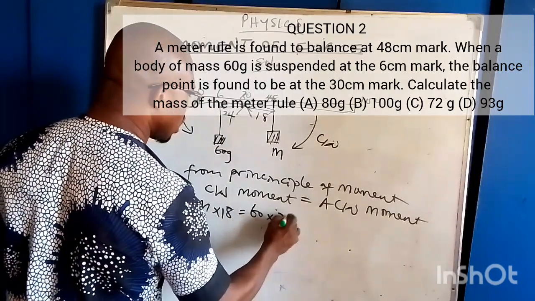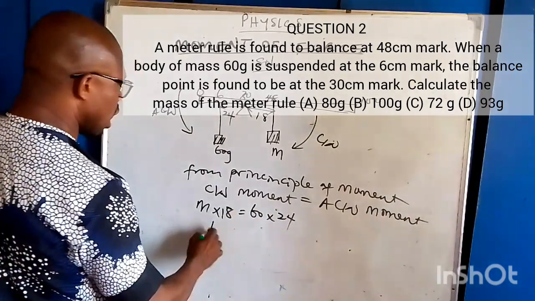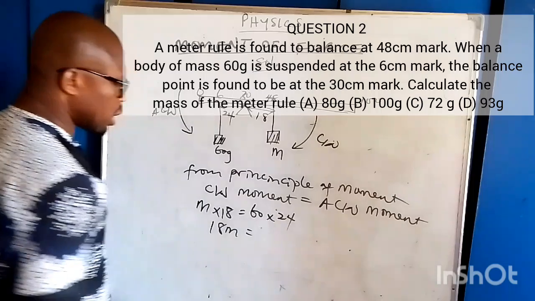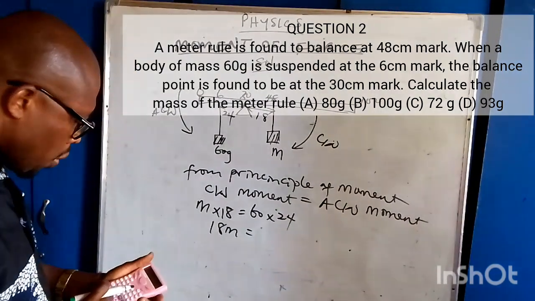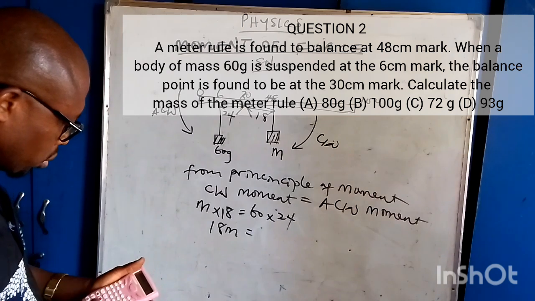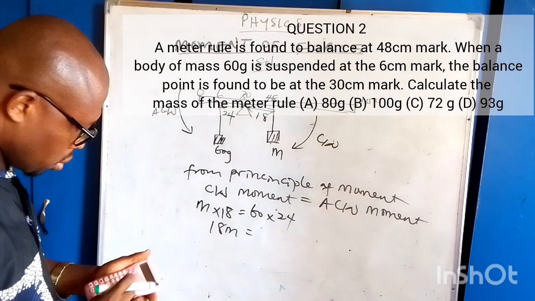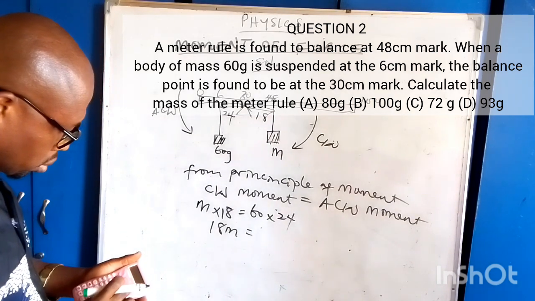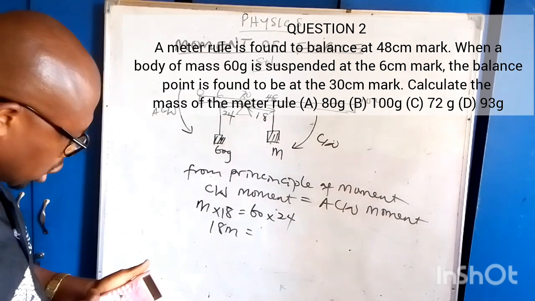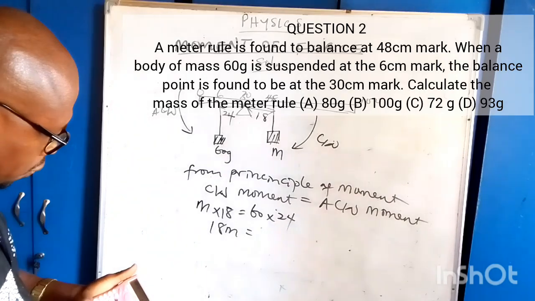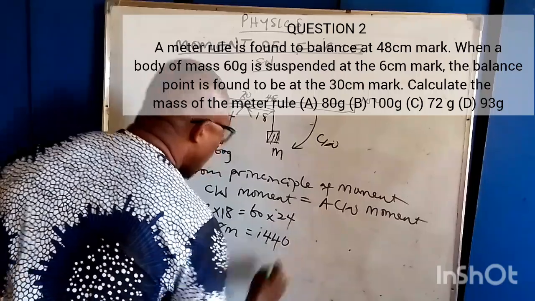So 18m is equal to 60 times 24, which will give us 1440.